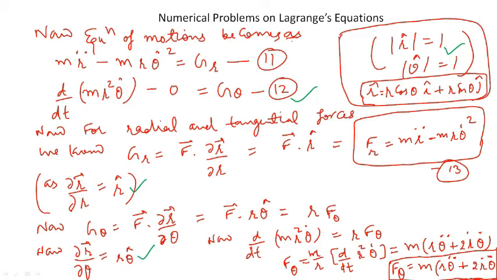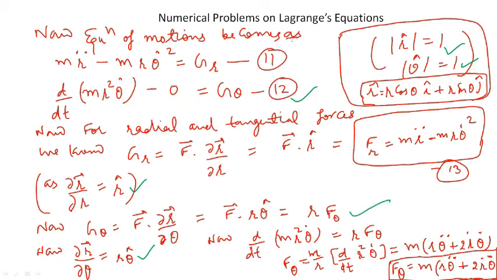We have derived it earlier, so we can put it directly, and it will be F dot r unit vector theta. When we take the dot product of this, you again know that the modulus of the unit vector theta will be 1, so it comes out to be r F theta.